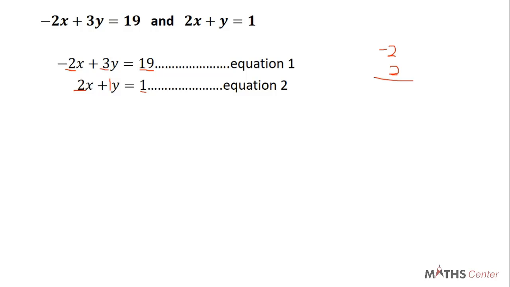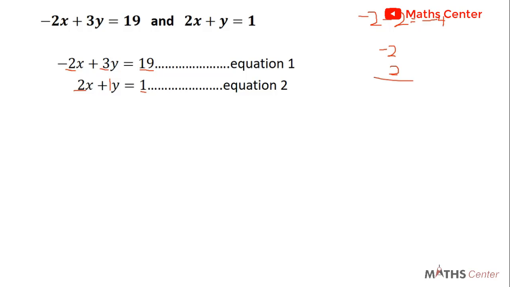Now, we have minus 2 and 2, and we want to take them out. We want to make it 0. Do we add or do we subtract? Let's look at this. If we do minus 2 minus 2, that is when we subtract, we are going to have minus 4. That is not what we want, right?